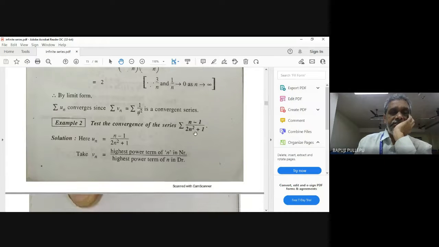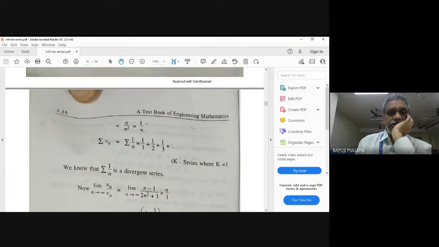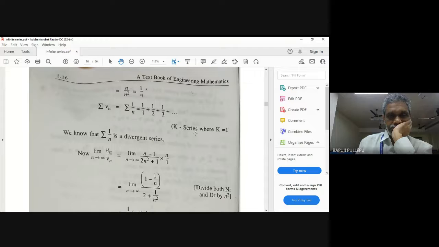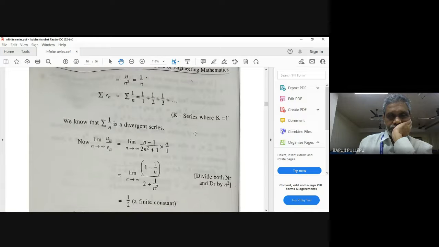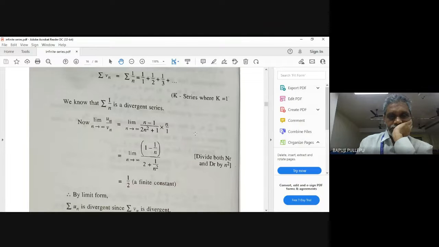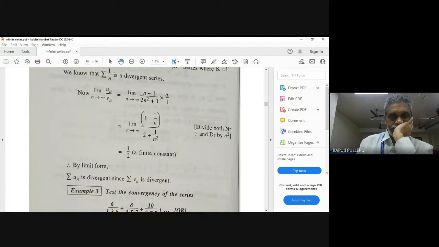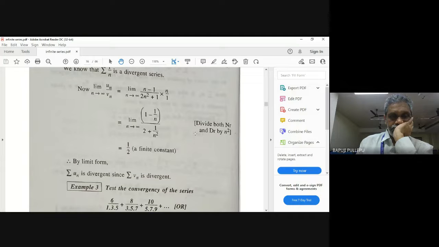Here Vn may be divergent, so Un is also divergent. If the limit comes, also it's not used. We know that 1 by n is a divergent series. Un by Vn, if you take n square by 1 by n, 0 you will get.